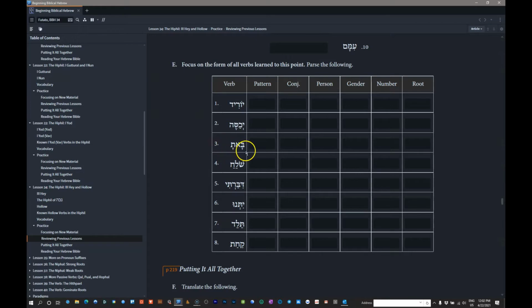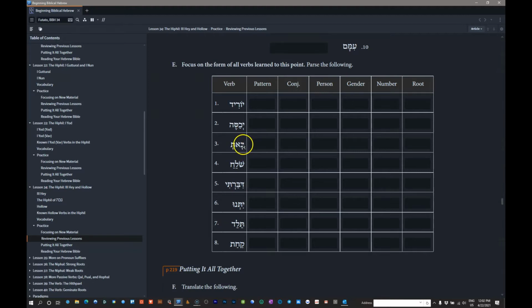Number 3, we've got a perfect form. The ta suffix is perfect 2ms. And we've got Qal as our root, bo. There's nothing here to indicate something other than Qal.